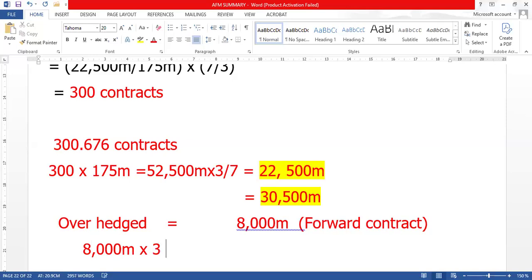It could be 3 months futures. What is the exchange rate of the next 3 months? The examiner will give you the way we handle using forward contract, money market, lead payment. You look at the 3 month exchange rate.